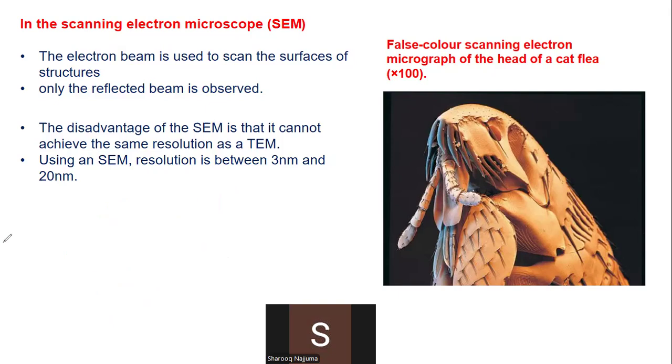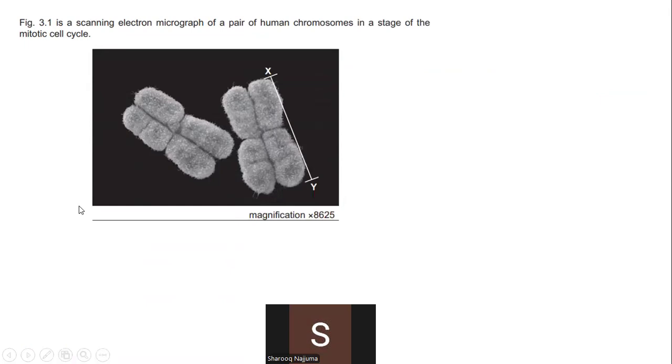When it comes to scanning, its resolution is lower than that of a transmission. Its resolution lies between 3 nanometers and 20, whereas for the transmission, we saw that its resolution was 0.5 nanometers. Let's look at an example of a question, sorry, about a scanning electron microscope.